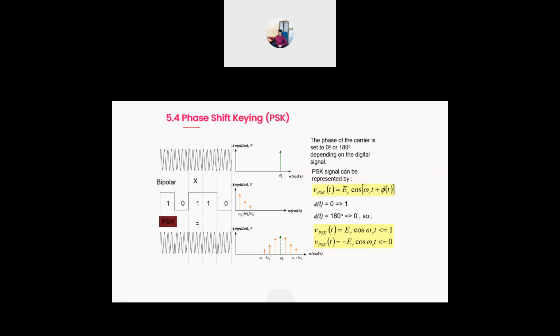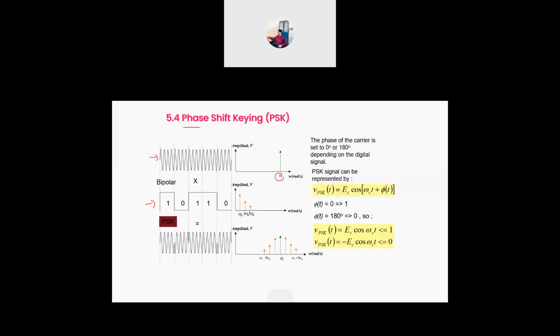If you see, this is your carrier, which is omega C, and this is your information signal in terms of bit signals, where you have omega M, 3 omega M, and 5 omega M, depending on the number of harmonics.